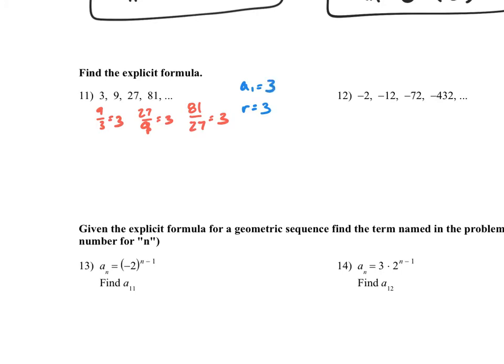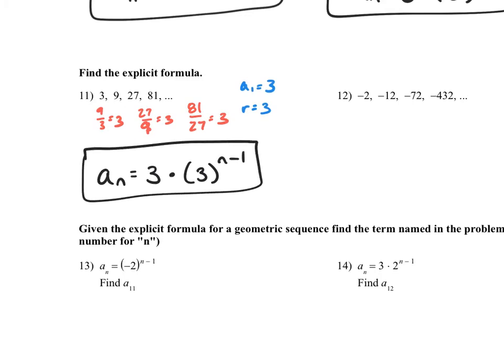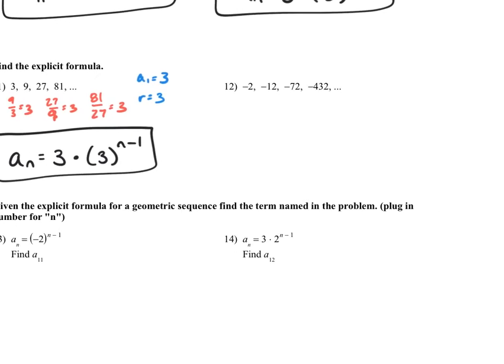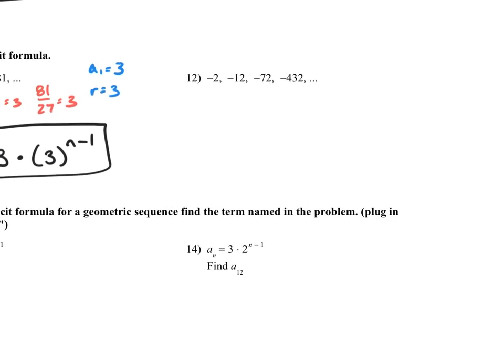So, they ask you for the explicit formula. Now it's just like above. We just had to find what the ratio was. So, a sub n is going to be 3 times 3 to the n minus 1. Bam. Is that very hard? No, I know.